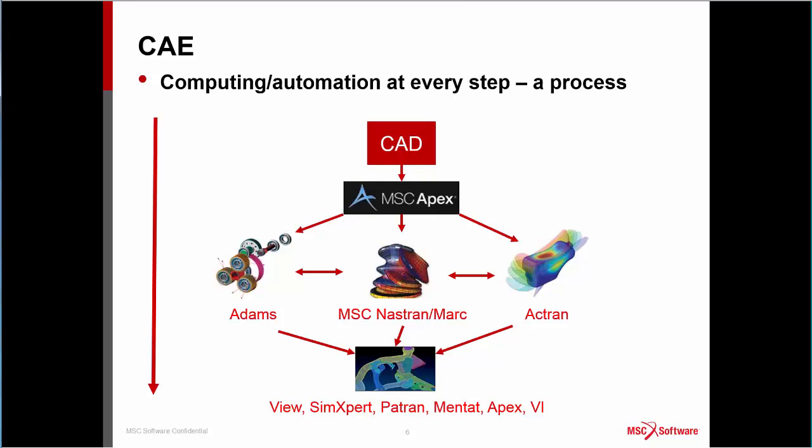You could bring it into our Apex product and clean up and mesh it, then send that out either to one of our FEM solvers, which communicates with Actran or Adams possibly, or you can go straight and just do your FEM analysis and then use the post-process in one of the GUIs: Actran, SimXpert, MSC Patran. Apex can do that. VI is for Actran, but there is a defined process that you do here. You go through this loop and you repeat it over and over again.